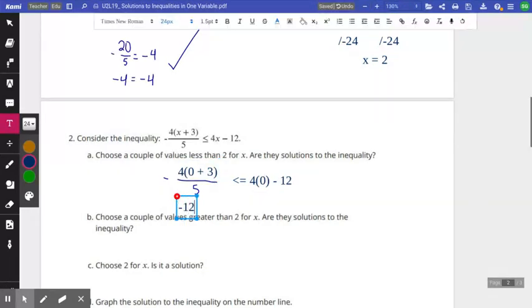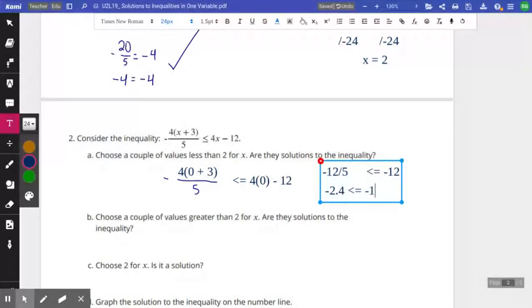So I'm left with -12 divided by 5 is less than or equal to 4 times 0, which is 0. So that's just a -12 there. -12 divided by 5 is -2.4. So we get -2.4 is less than or equal to -12 as that final result.